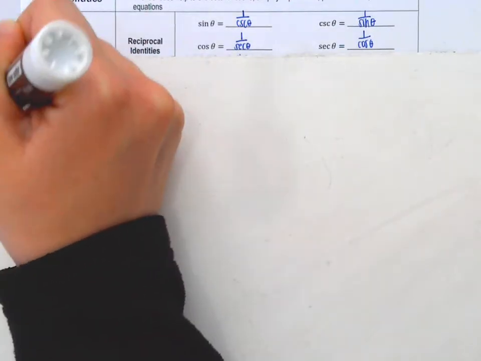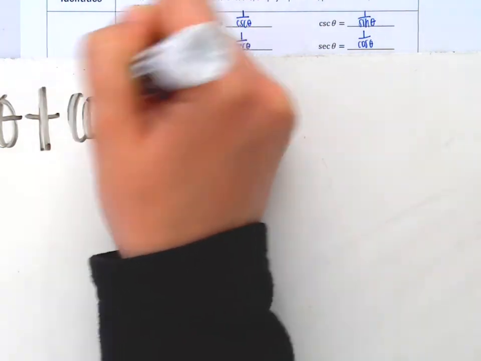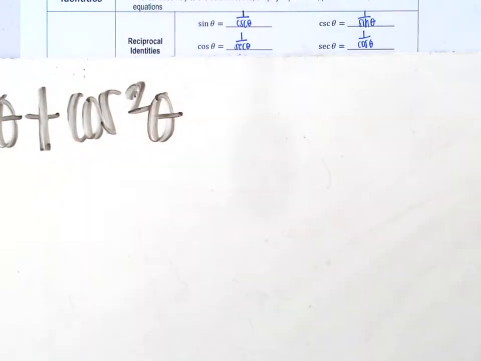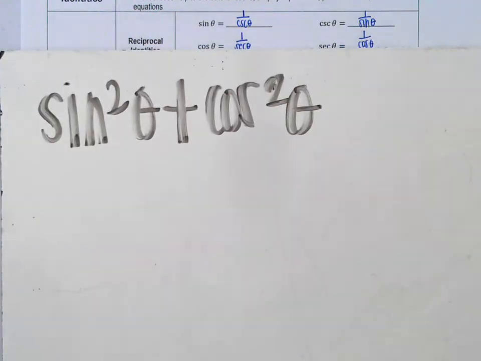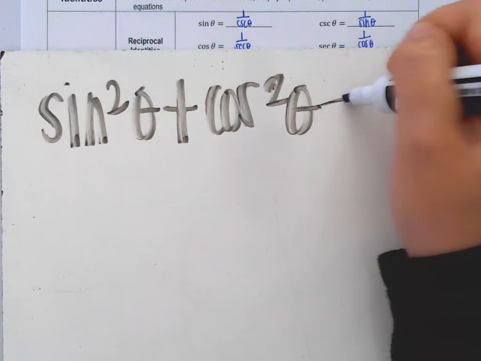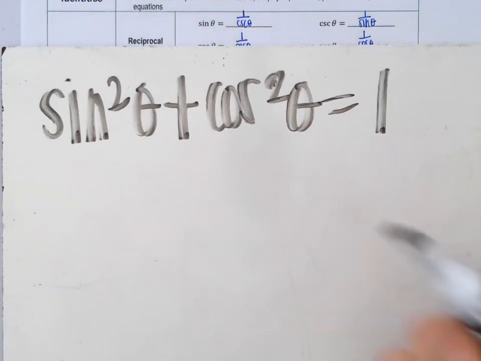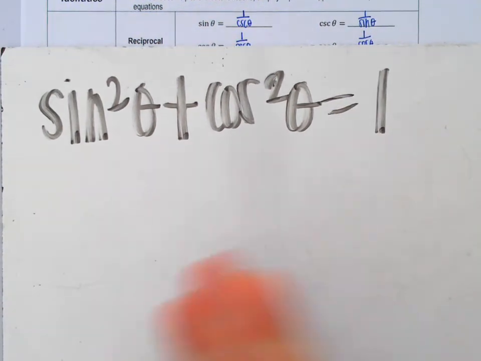What I mean by manipulate is, if we have sine squared theta plus cosine squared theta equals 1, then you can rewrite this and it's still the same equation.